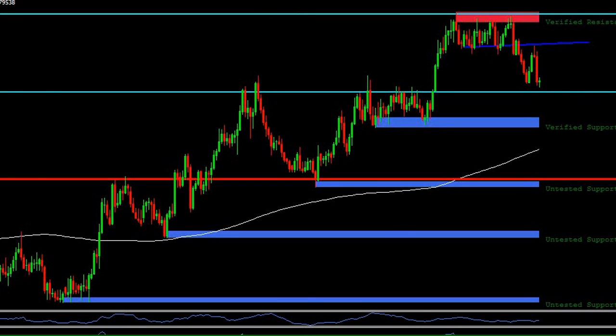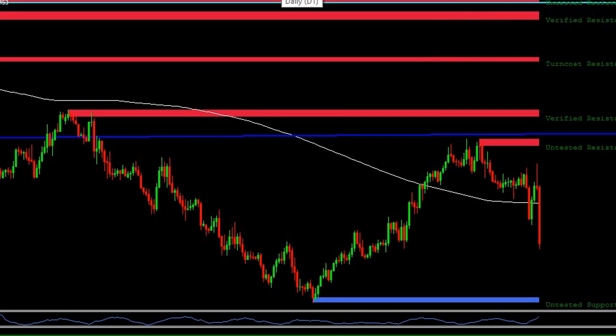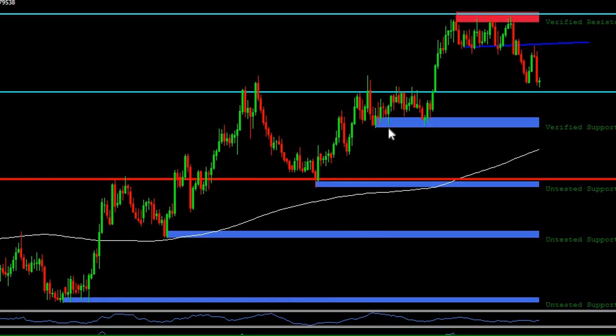I'll be going to 1 hour to try and observe what will be happening in that pair as far as this trade is concerned. So in Pound Aussie, I'll be looking for a reason to go short, that is on the cross below of this week's low, and if I get that, I will be going short on this pair. So that is it for Pound Aussie.